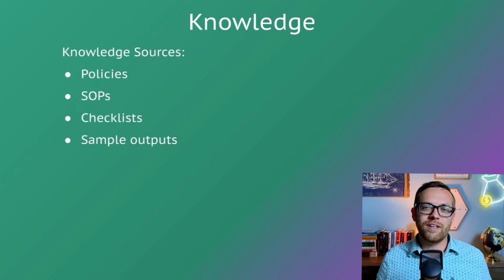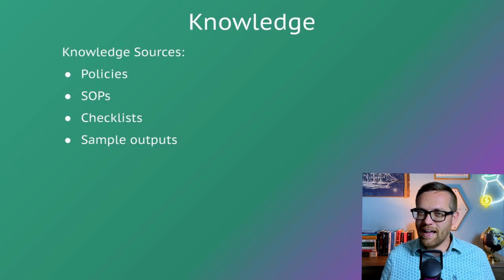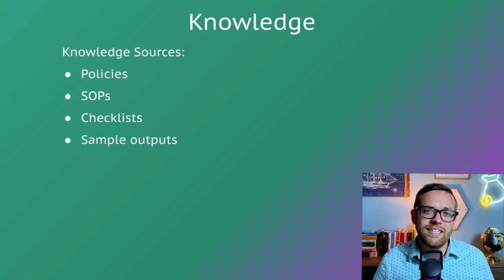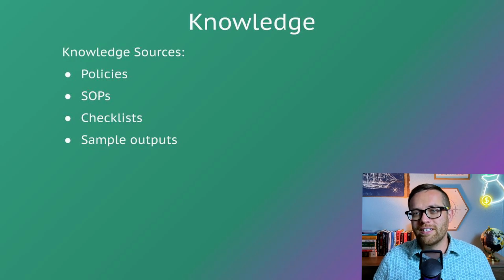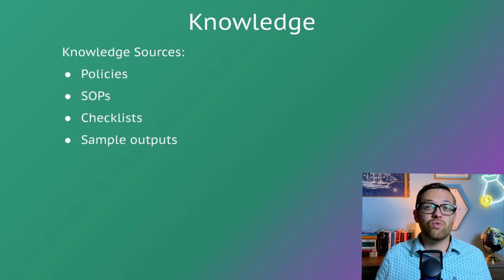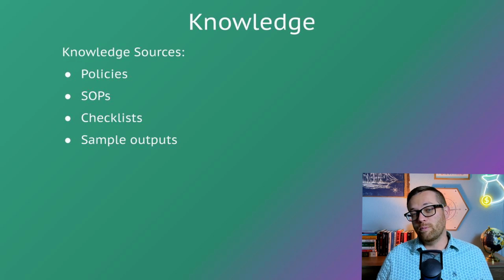Once your system prompt's done, you need to add knowledge and context. Agents should not rely on memory or vibes. They rely on documented knowledge. Knowledge sources can include things like policies, SOPs, checklists, sample outputs from prior periods. Anything the agent must reference belongs in its knowledge base.